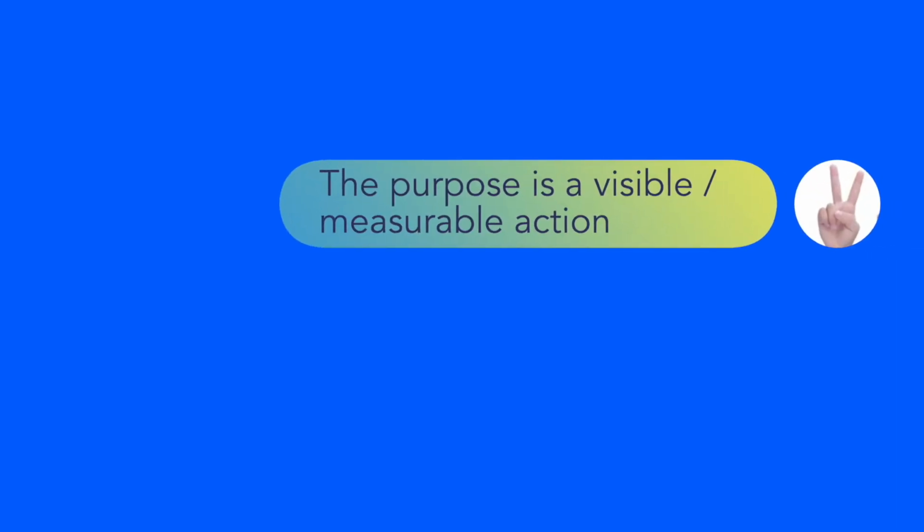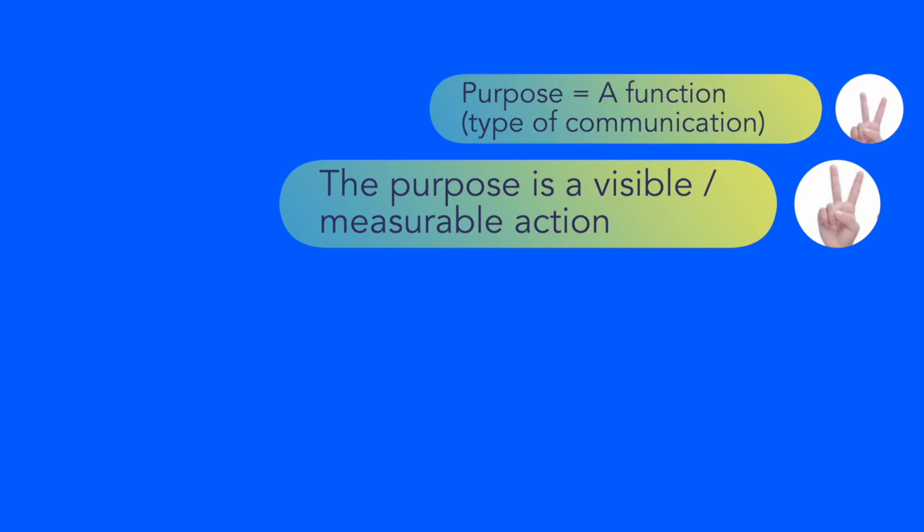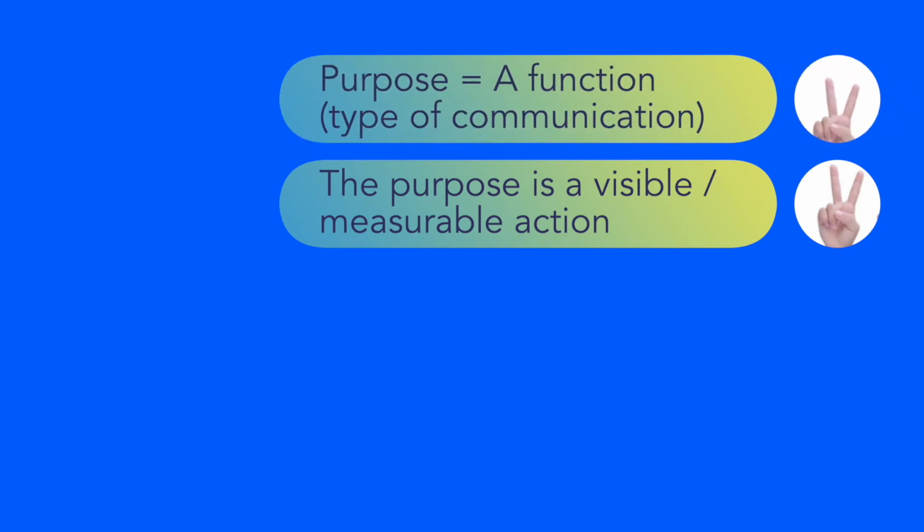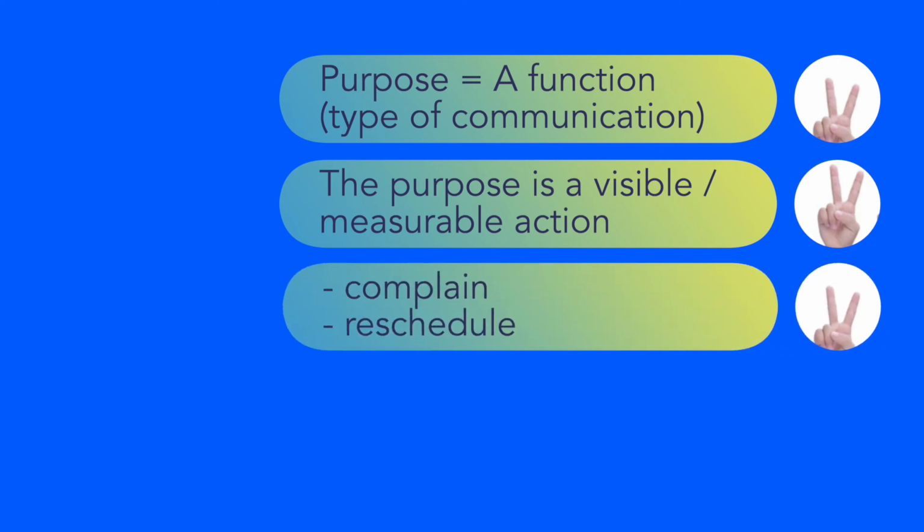Returning to our visible purposes, our purpose is often referred to as a function. It's the type of communication. Therefore, that purpose must be observable to the teacher. So in our previous examples, the functions were complaining and rescheduling. We can see it, we can measure it, we can hear or see that the students are complaining or rescheduling.